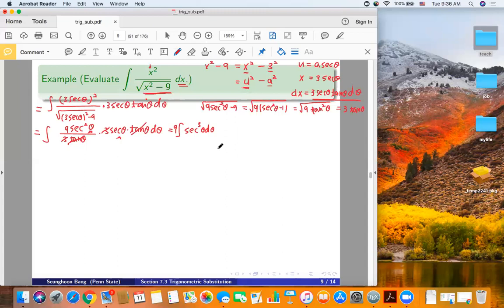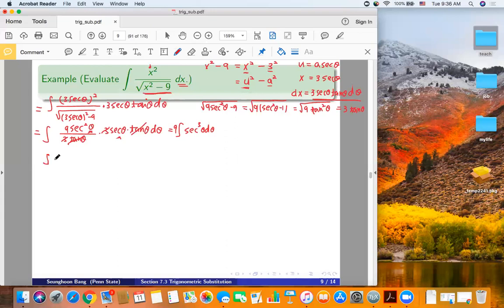Do you know how to solve the integral of secant cubed theta d theta? I think I need to explain here.